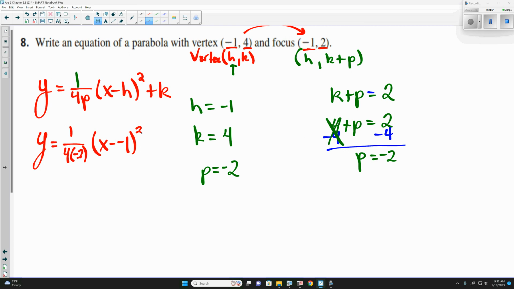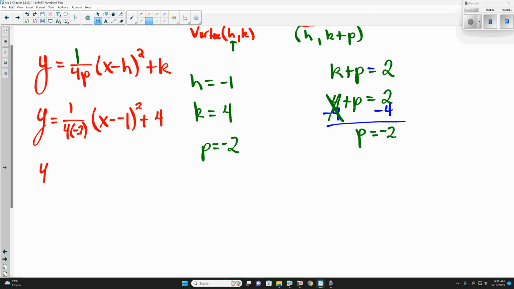Or if you wanted to rewrite it out as x plus 1 at this point, that is perfectly fine. Plus our k value, which is 4. Because inside the parentheses, we will indeed have x plus 1 squared plus 4.